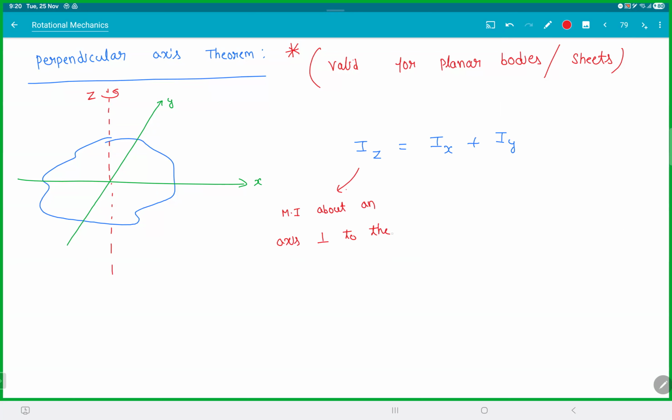You can call anything x, y, z. It doesn't matter. This x and y are axes in the plane, and perpendicular to each other. And all these three axes must pass through the same point.